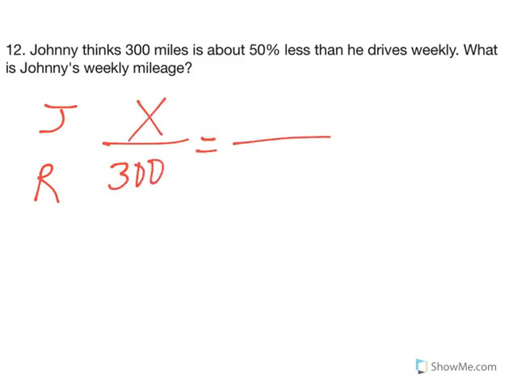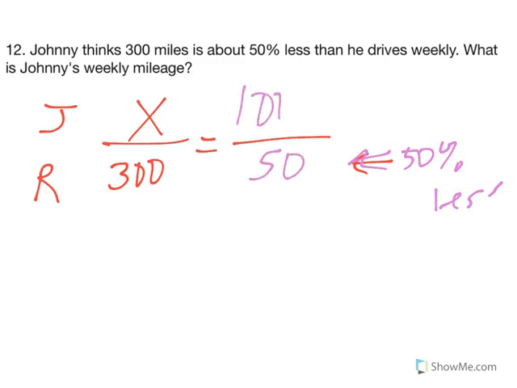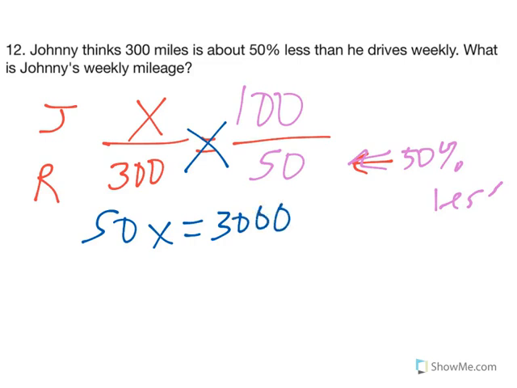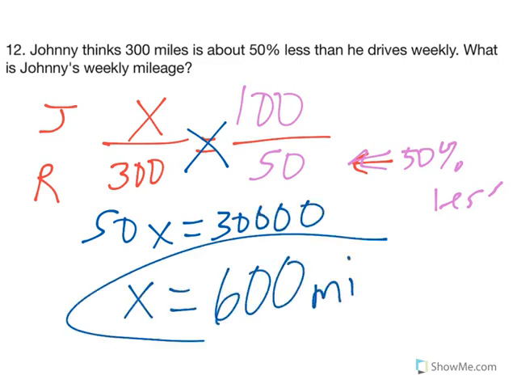We don't know about Johnny, but Johnny thinks 300 is, so again, we're talking about this line down here, is 50% less. So now this is going to be 50 in comparison to his 100, because it's 50% less. So now when I cross multiply, I get 50x equals 30,000, and Johnny drives approximately 600 miles. So it's a big difference of where you put your x's and what numbers you're using.